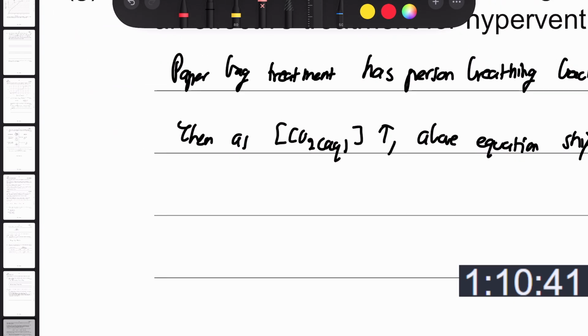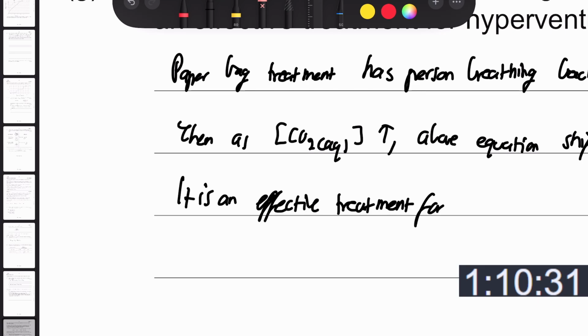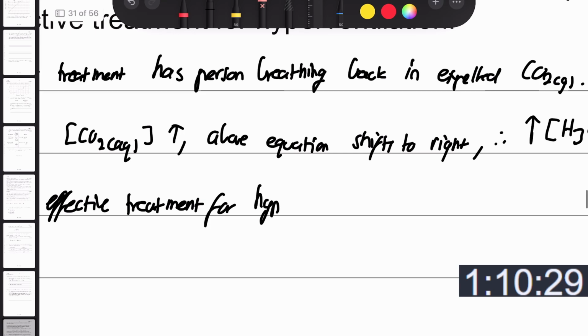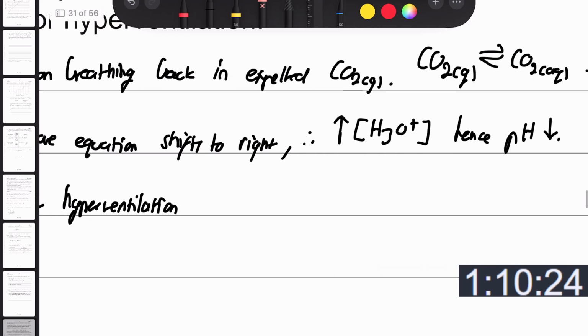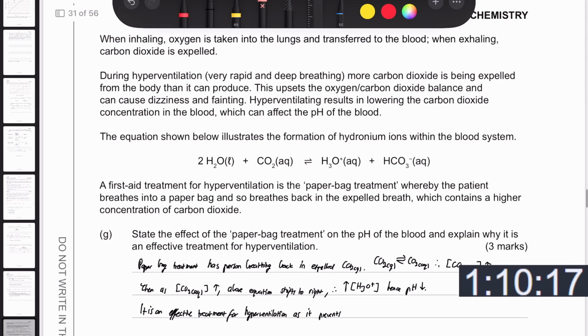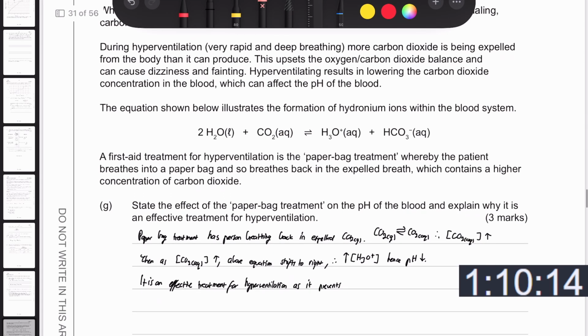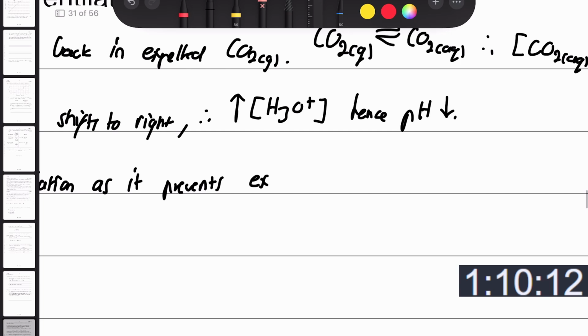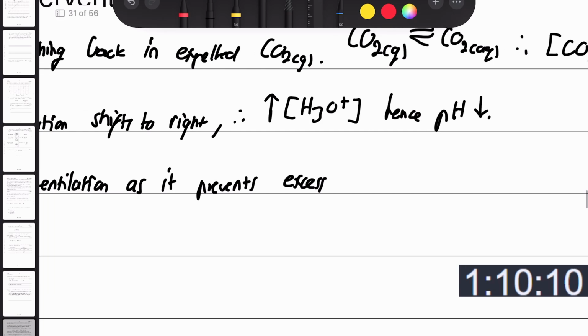It is an effective treatment for hyperventilation as it prevents excess carbon dioxide being expelled. Or can you say like it recycles?